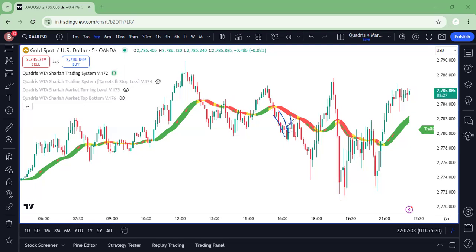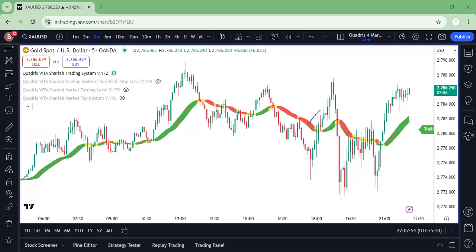As soon as price turned from this point, you can place your short sell order over here, place your stop loss above this swing high, and this much profit you would have made. Simple and straightforward.